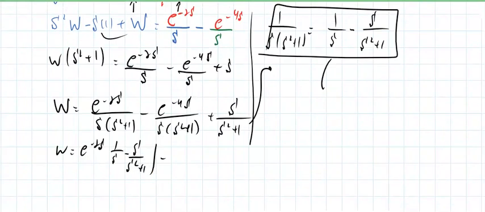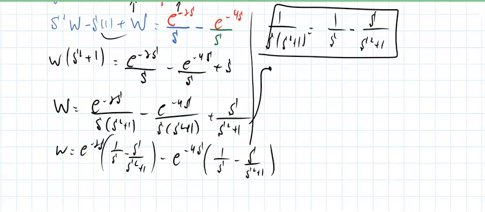Minus e to the negative 4s times (1 over s minus s over s squared plus 1), plus s over s squared plus 1. Now we know if you apply the inverse Laplace transform on this, this is going to give a 1, this is going to give a cosine of 1t.